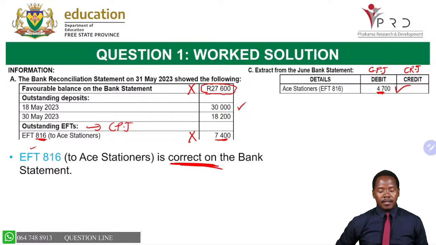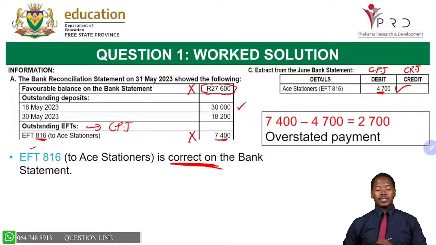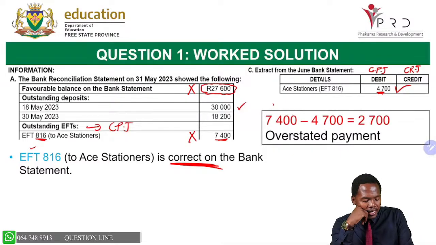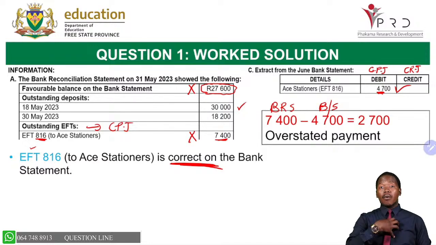Okay. Now, what is happening? Let us look at the solution here. What is the first thing you need to do? We have this money coming from the BRS, and we have this money coming from the bank statement. We recorded 7,400. Remember, we record in the bank reconciliation. Who is we? We are the business.